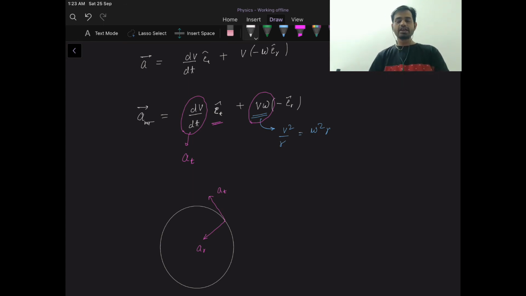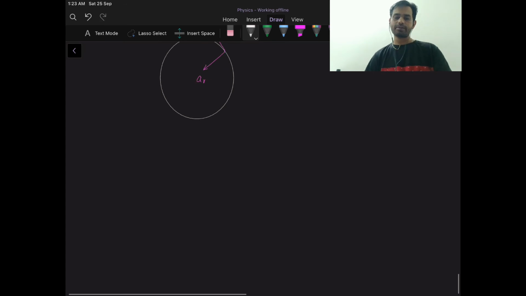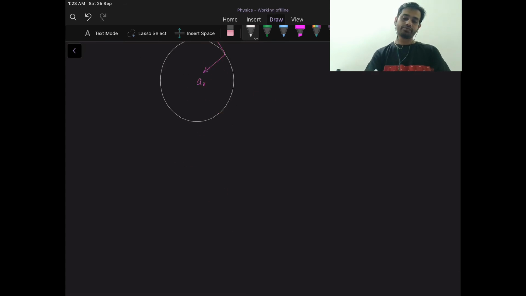Let us try to see one very easy example so that this concept will be solidified. Suppose a particle is moving in a circle, and the particle starts from this point.